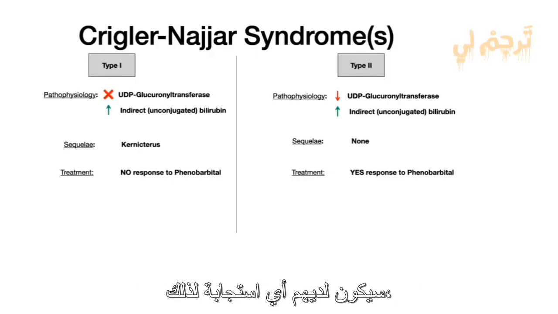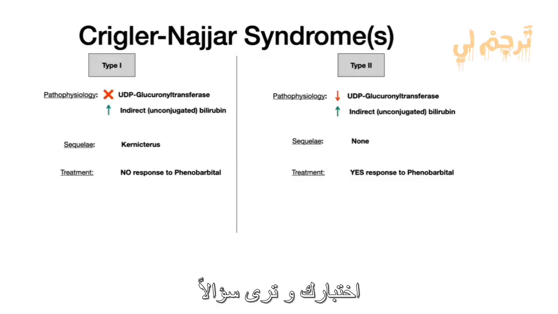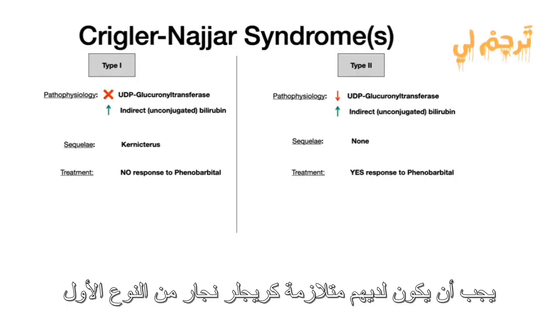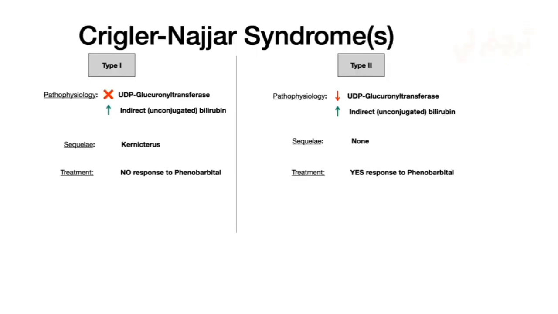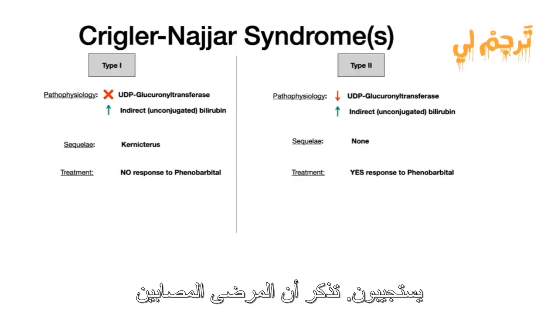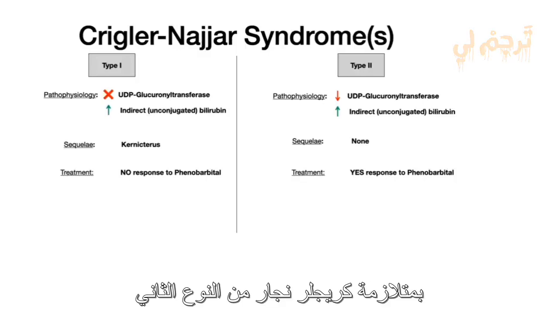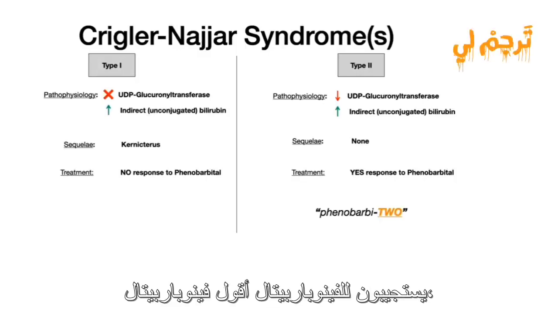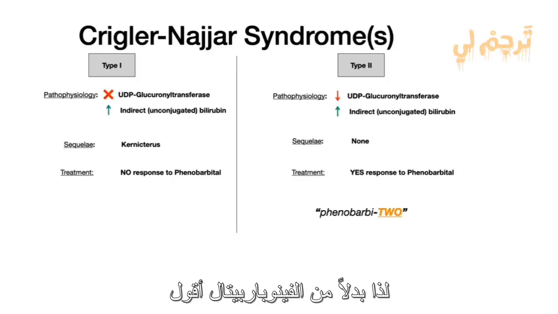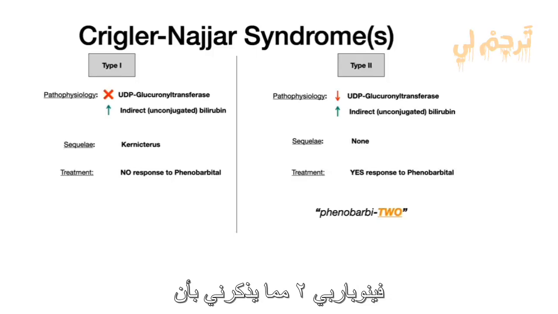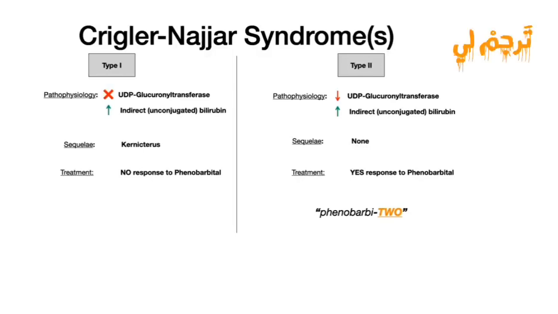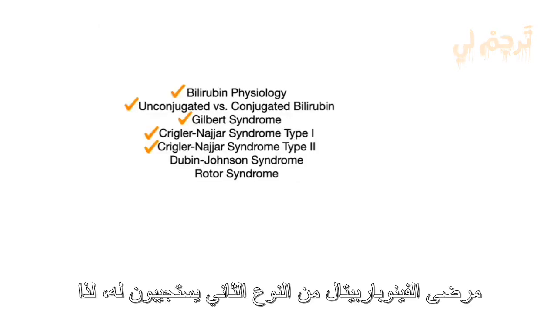So on test day, if you see a question and they give you a patient who was treated with phenobarbital and that bilirubin level came down, that tells you immediately that they can't have type 1 Crigler-Najjar syndrome because those patients simply don't respond. My mnemonic for remembering that patients with type 2 Crigler-Najjar syndrome respond to phenobarbital is I say phenobarbital. So instead of phenobarbital, I say phenobarbital, which reminds me that phenobarb, patients with type 2 respond to it. So those are your Crigler-Najjar syndrome.